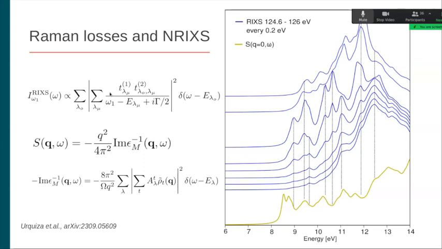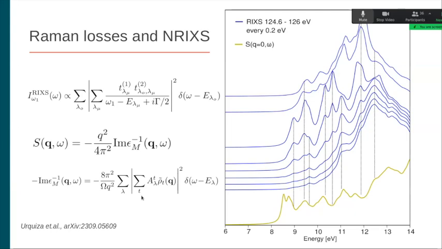However, the oscillator strength or the intensity given by this part of the equation are very different in the non-resonant case, and they follow different selection rules, because in one case we have the coupling between two processes, absorption and emission, and in the other you have just a scattering process that results in a valence excitation, which is equivalent to the final state in RIXS.